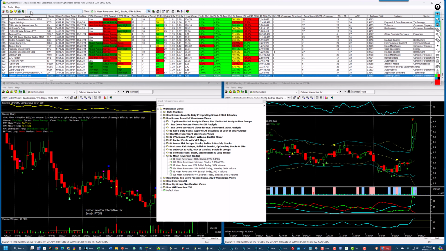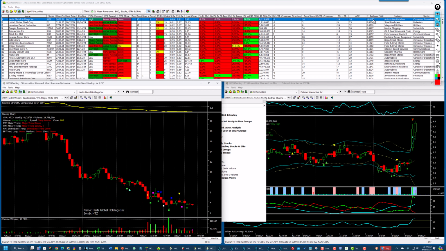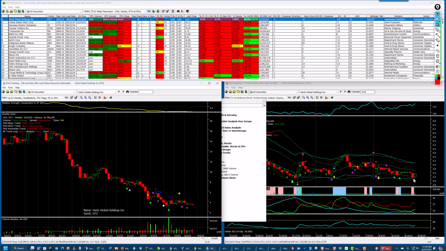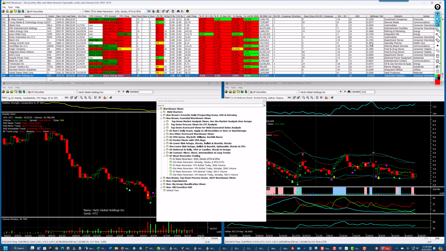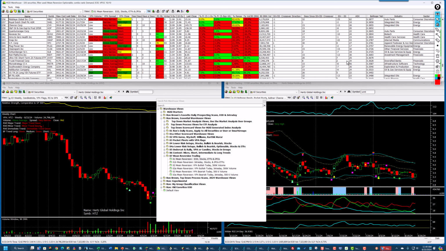Now going in the other direction, here is Hertz Global Holding. As of last night, it was outside of the band and was negative. But everything else is lying somewhere between. Now, what we're looking for with this mean reversion trading is we like to find stocks that are actually trading near the bands, either the lower band if you want to be bullish, and the upper band if you want to be bearish.